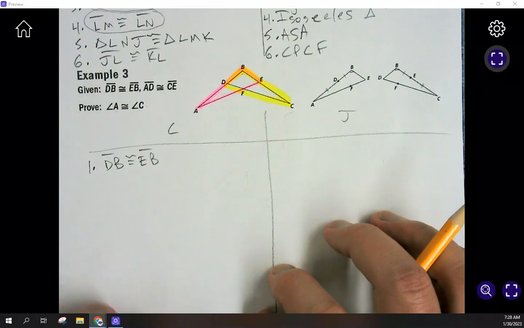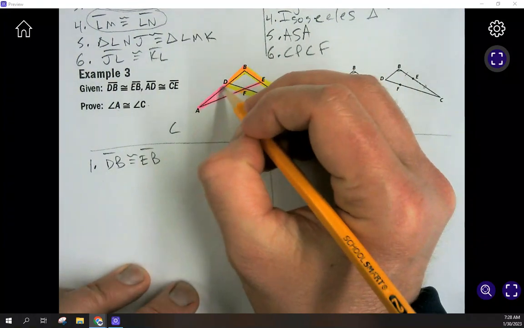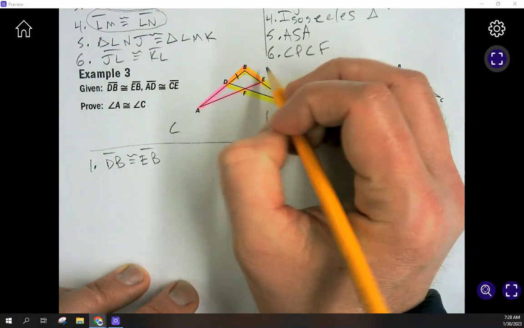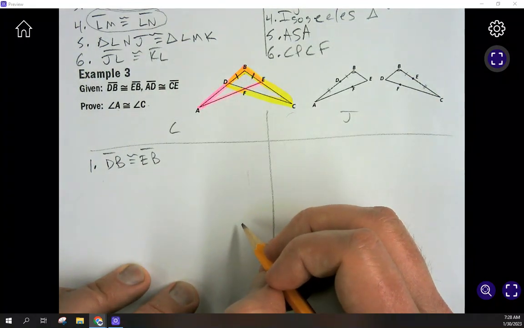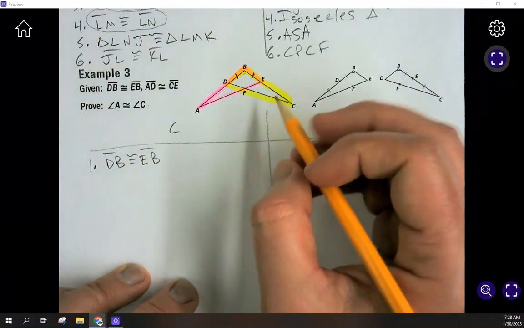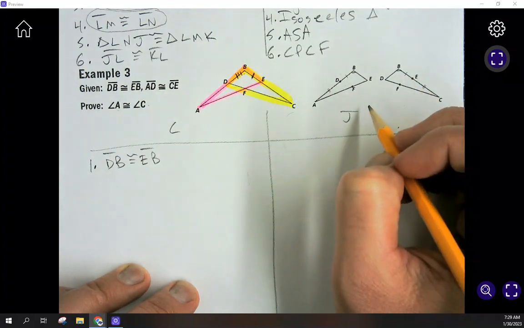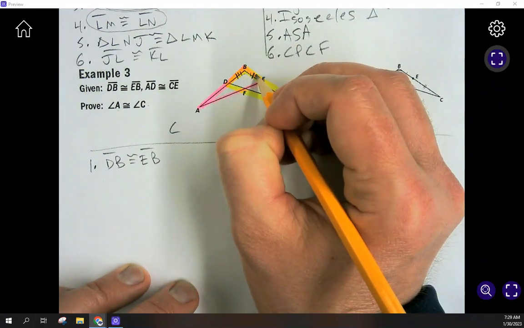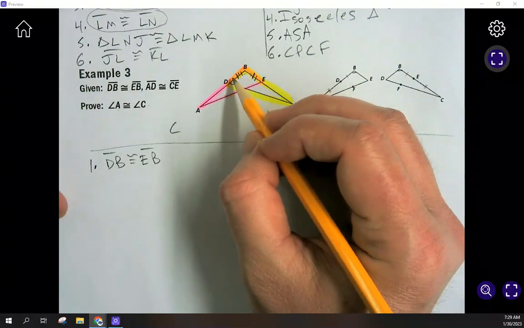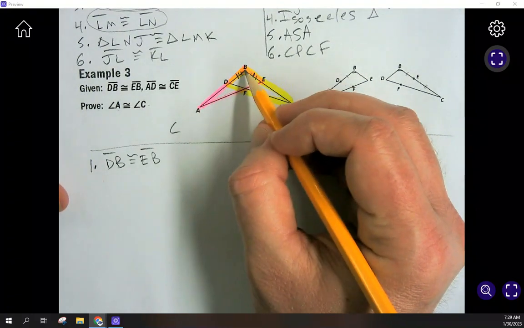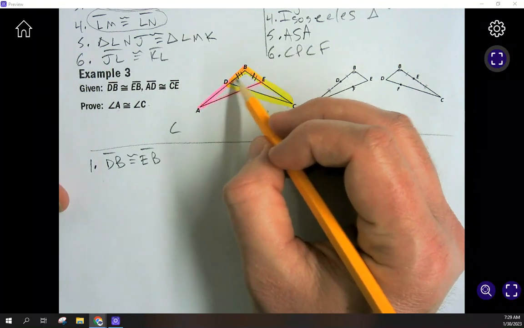So we're not going to be able to use any of these overlapping sides with the reflexive property, but DB, this little piece right here, is equal to EB, this little piece right here. Let's translate that over here. And actually, I'm going to use 3 because over here in this picture, we've already got some things all marked up. So those look like parts of a side, but they're actually the skinny little side of each triangle as well.